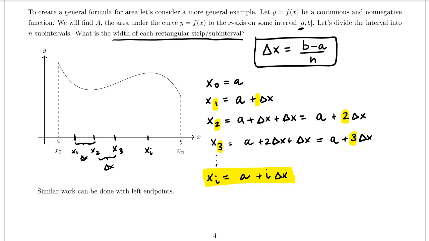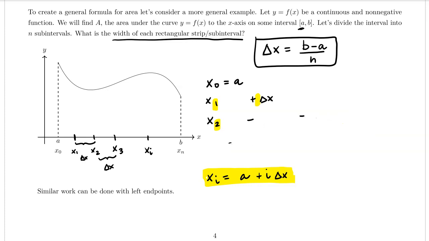So what I want now is a general formula for r sub n. I'm going to go ahead and erase these x values so I can have some space. I want a general formula for r sub n. It might be helpful if we start drawing a few of these rectangles. So my first rectangle, because these are right endpoint rectangles, I'm going to draw up from x sub 1 and then find the height there, and then that would be my first rectangle.